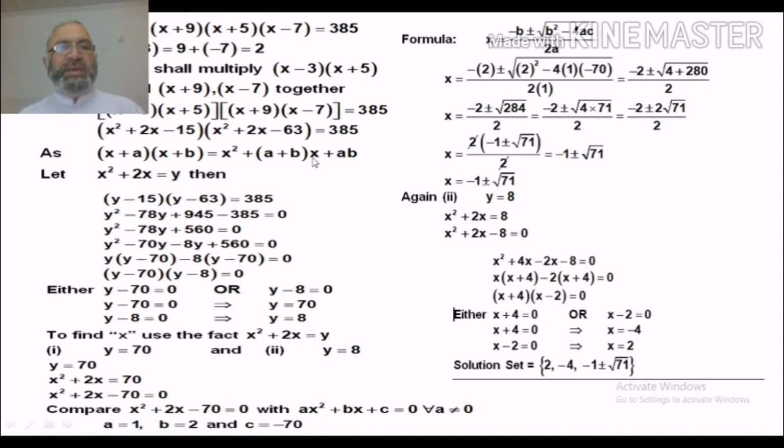Then this equation becomes (y minus 15)(y minus 63) is equal to 385.